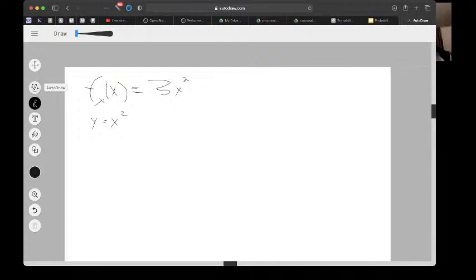Okay, so the first step is to find the inverse of y, or in other words, find v of y, which is a function that expresses the value of x as a function of y. So here we have y equal to x squared, and we want to express x in terms of y.